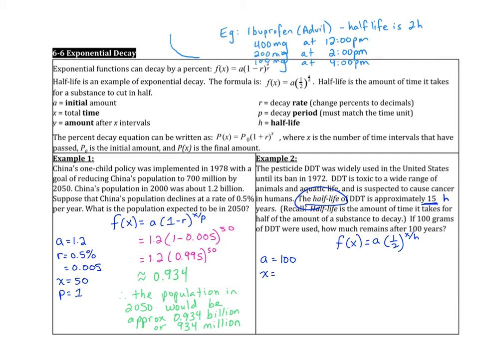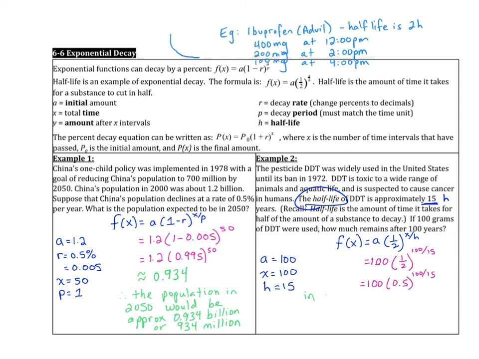The time, it says in the question, after 100 years, so the time is also 100. And the half-life is 15 years. So if you substitute that into your equation, you get 100 times 1/2 to the 100 over 15. Now, an easier way to type this into your calculator, instead of 1/2, you could write that as 0.5.